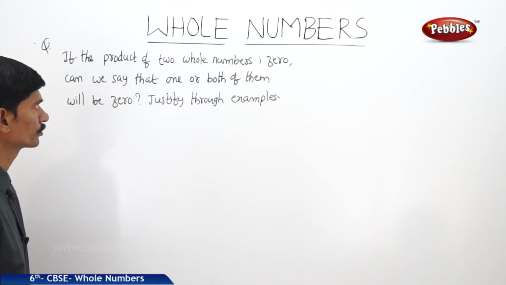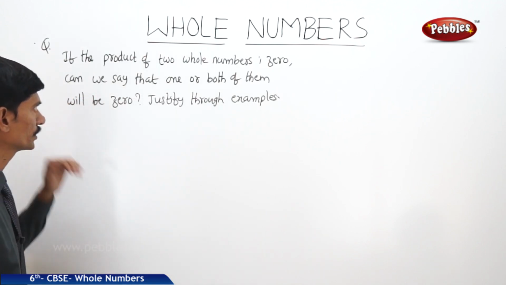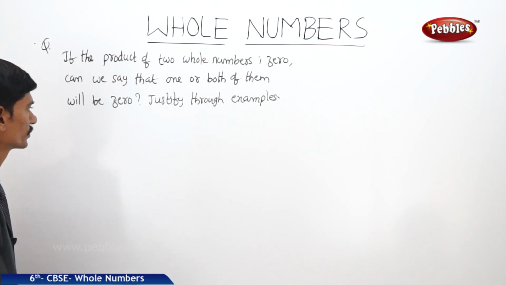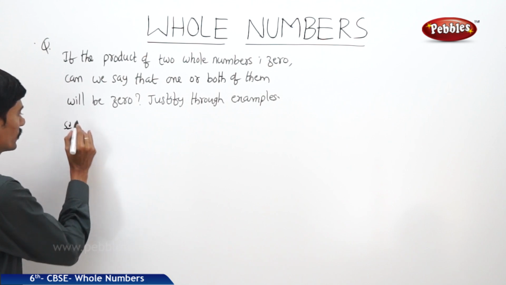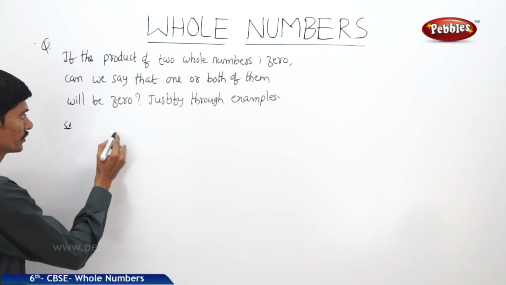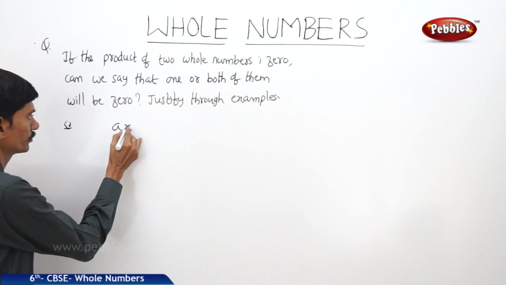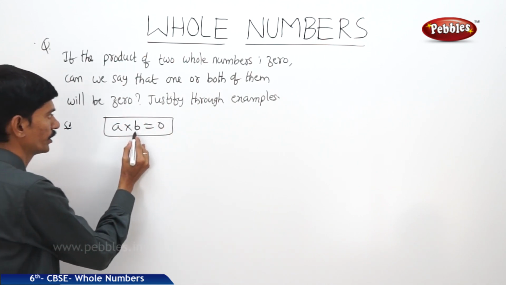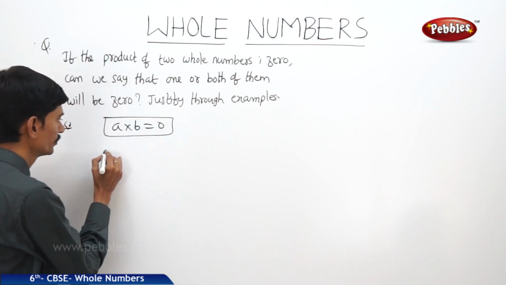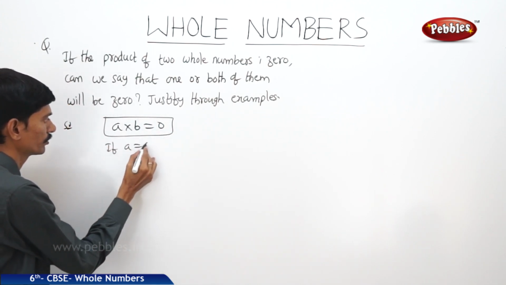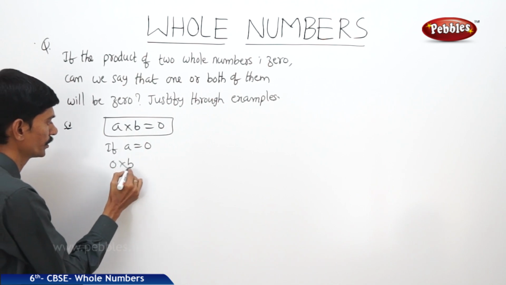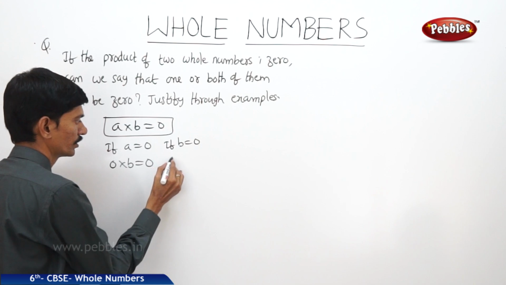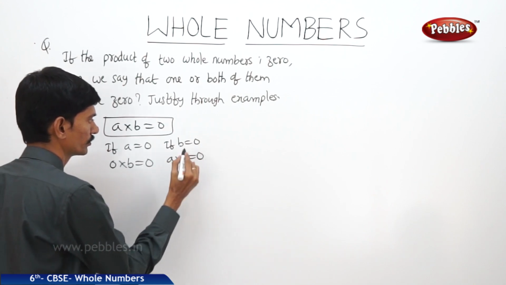If the product of two whole numbers is 0, can we say that one or both of them will be 0? Justify through examples. If a into b equals 0, then either a must be 0 or b must be 0 or both are 0. If a equals 0, then 0 into b equals 0. If b equals 0, then a into 0 equals 0.